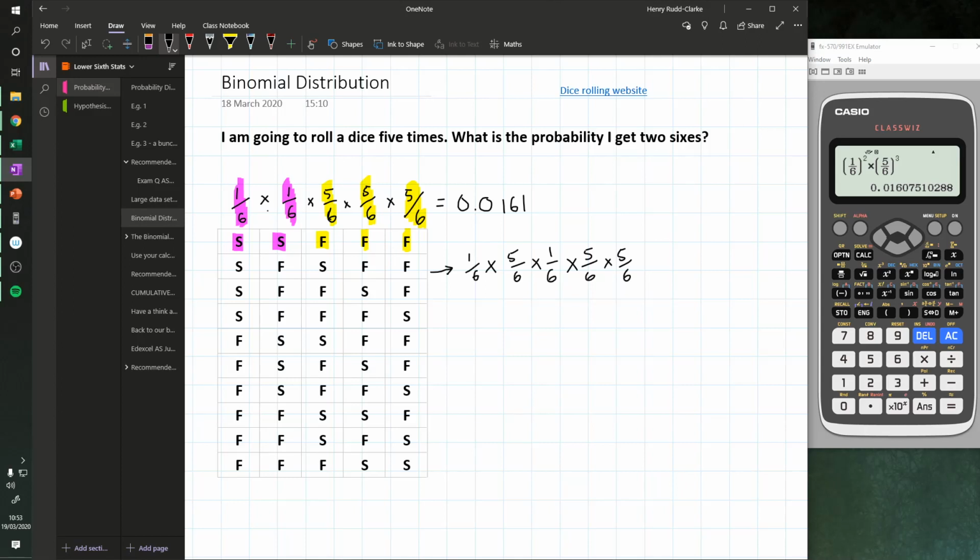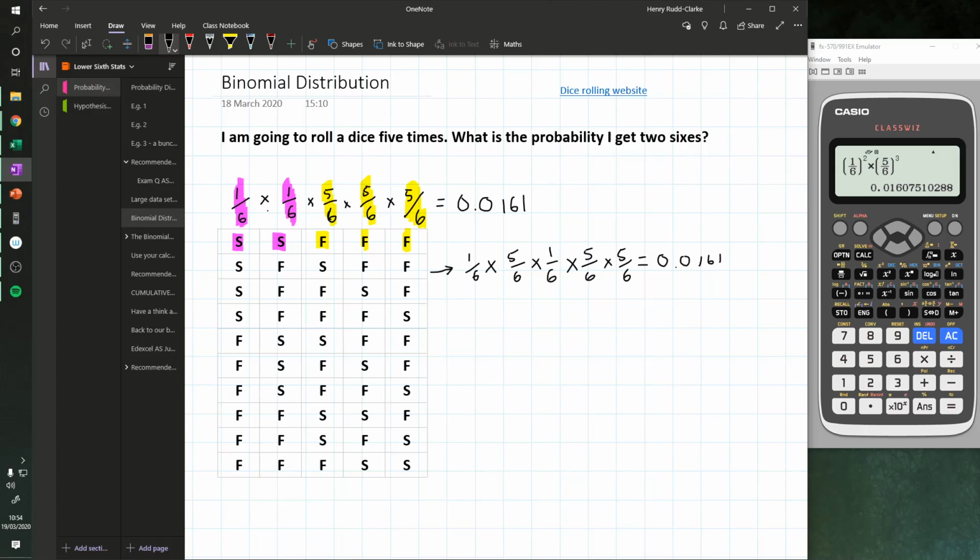So this is going to give us the exact same answer, 0.0161, and all of these outcomes are going to give us the same answer. It's a little bit like a probability tree: you multiply when you go along the branches, and then you add all the different options that satisfy the outcome that you want.